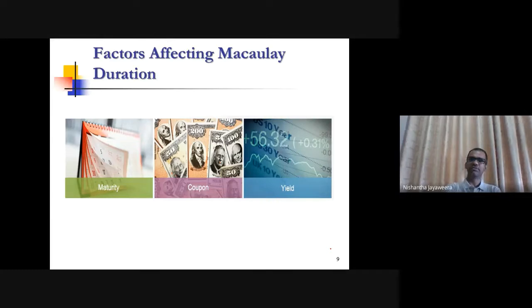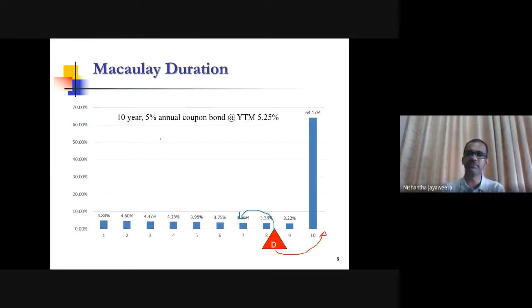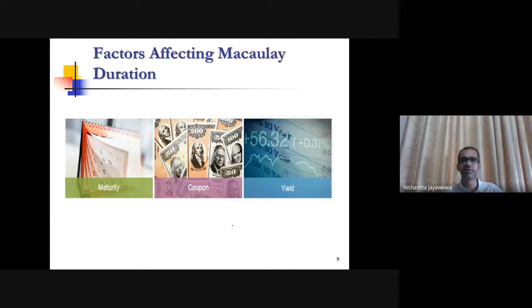So why would you need such a concept? This we'll come to. You can gauge how sensitive the bond is to a change in interest rate. Okay. So this is the third point.